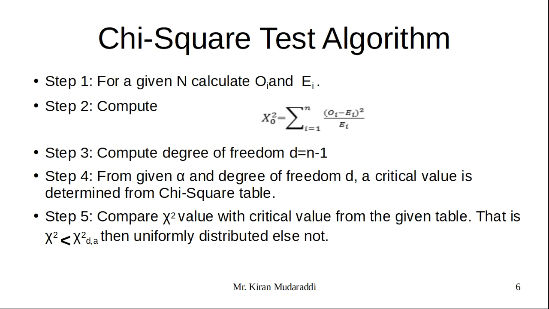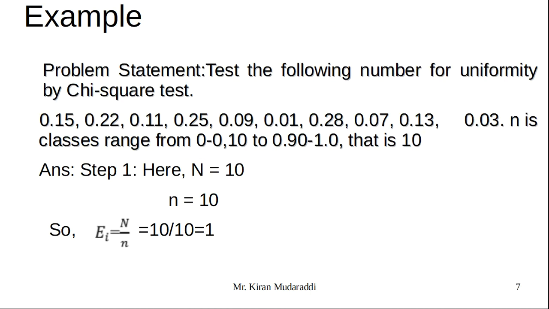I'll take you to the example so that you will understand the chi-square test algorithm in a much better way. It is quite simple. There is no integration and no differentiation, just simple arithmetic operations. So try to understand the example problem statement. Test the following numbers for uniformity by the chi-square test.